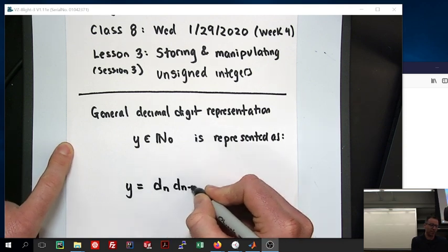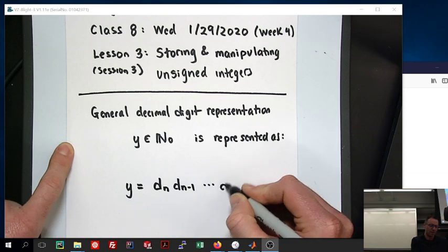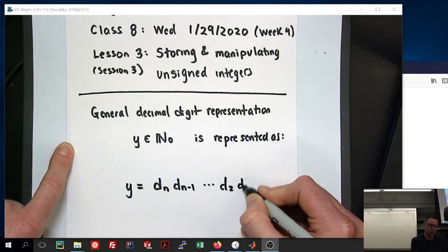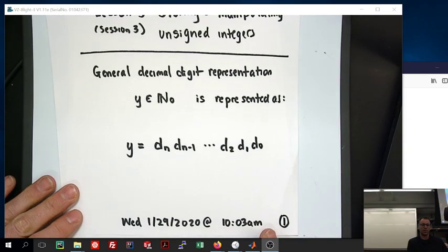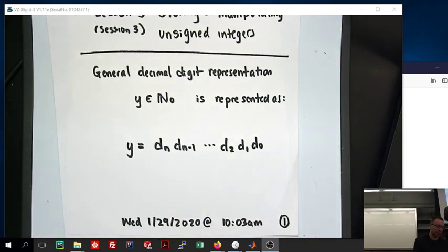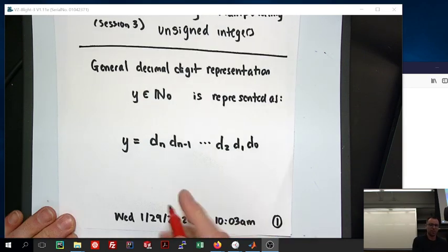I think that's what we eventually settled on, right? dn, and so on down to d2, d1, d0. And I like the way that you said this. We should call this the Misha conjecture.